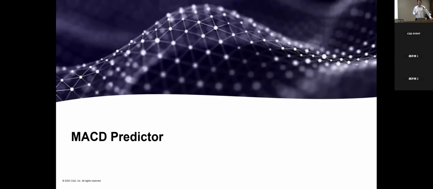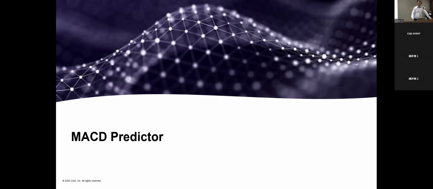What's interesting is one of the approaches of one of our collaborating companies, Joe Di Napoli, which provides a set of technical indicators within CQG and its different platforms. And the one I want to focus on today is the MACD predictor.